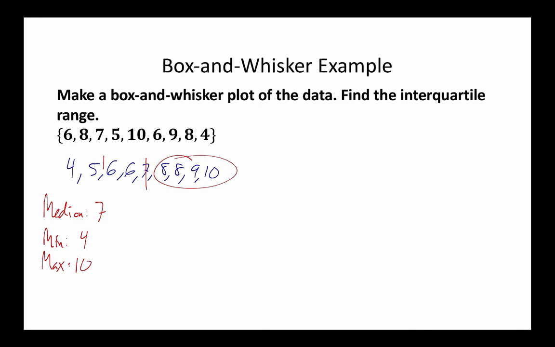For the lower half, the median falls right there, and we'll call this Q1. For the upper half, the median falls right between 8 and 9. So Q1 falls between 5 and 6, so the average is 5.5. For Q3, it falls between 8 and 9, so it's 8.5.